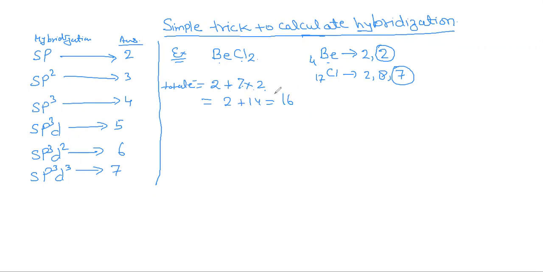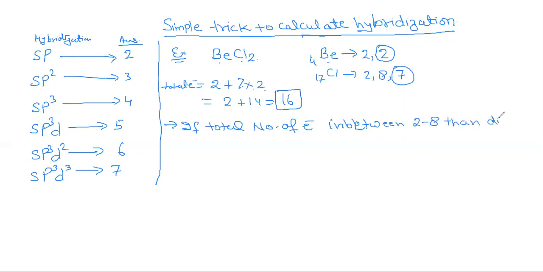Now the second rule: whenever you have calculated the total electrons, remember this point. If the total number of electrons is between 2 to 8, then divide by 2.